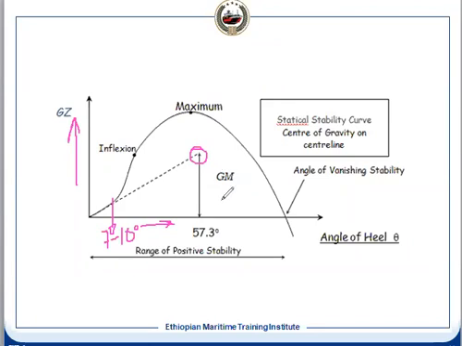Why do we take the 1 radian? Let us see this.